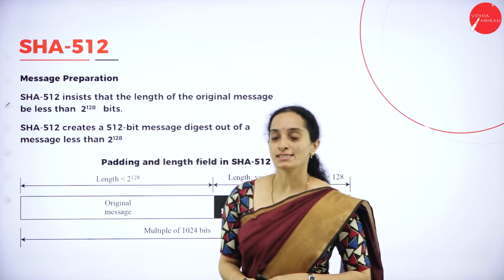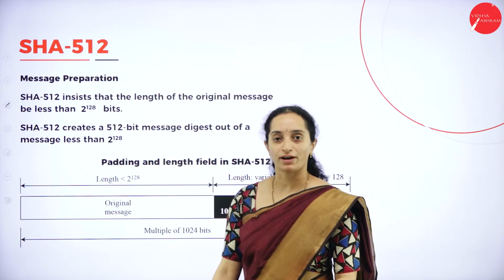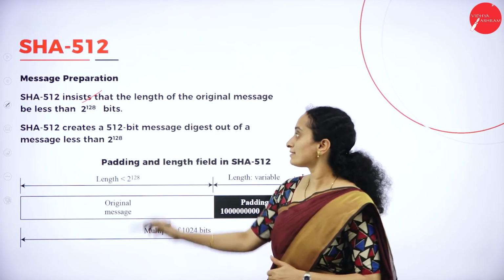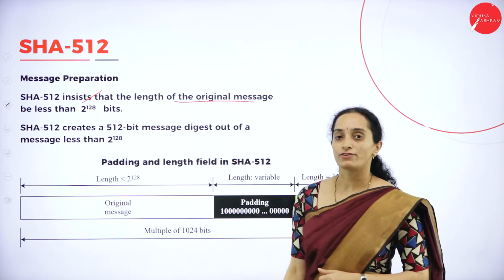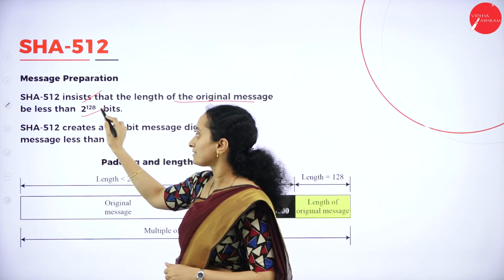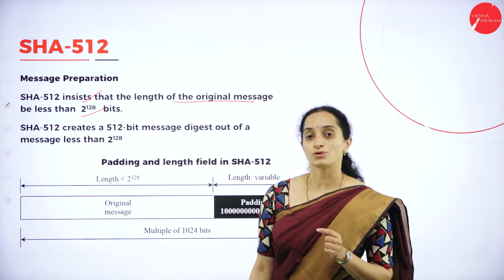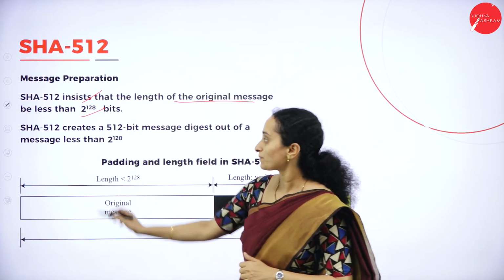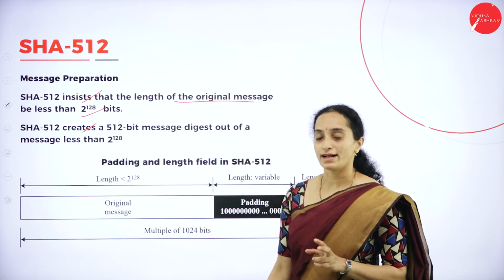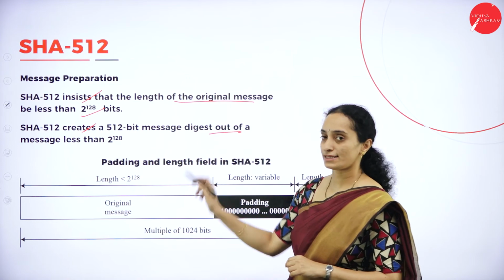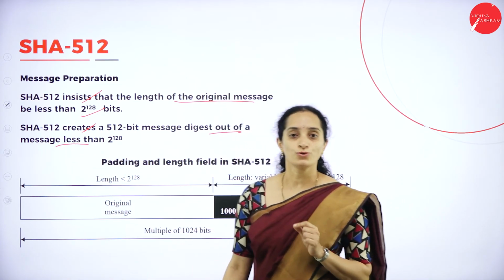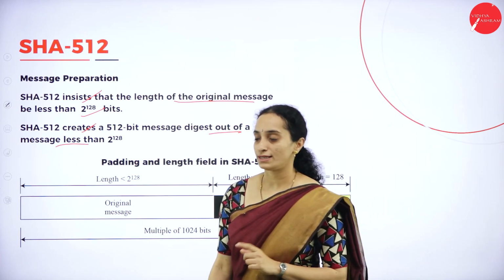We have the message preparation in SHA-512. SHA-512 insists that the length of the original message must be less than 2 to the power of 128 bits. So it creates a 512-bit message digest out of a message of length less than 2 to the power of 128 bits.